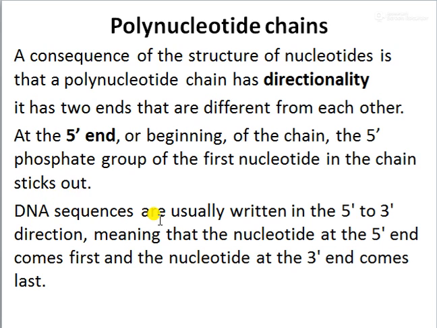DNA sequences are usually written in the 5 to 3 prime direction, meaning that the nucleotide at the 5 end comes first and the nucleotide at the 3 end comes last.